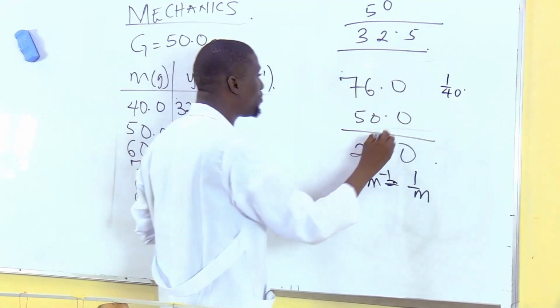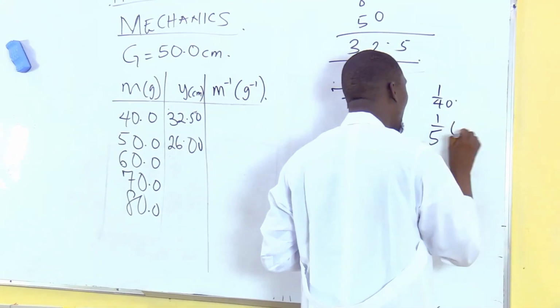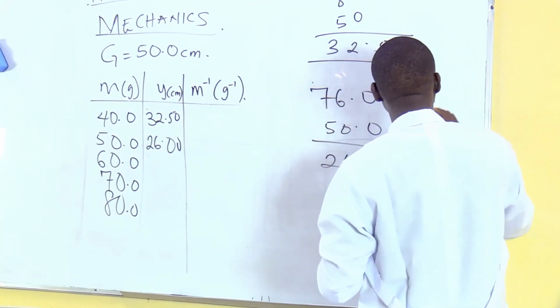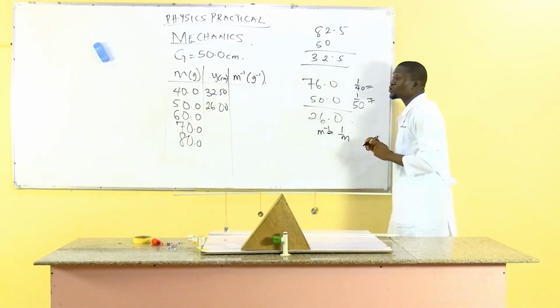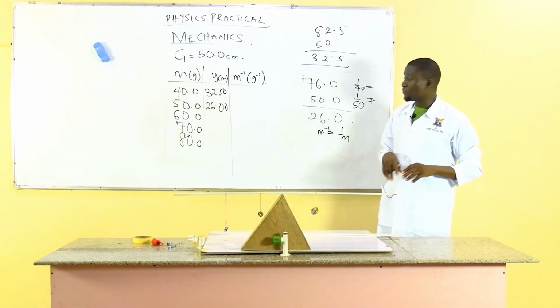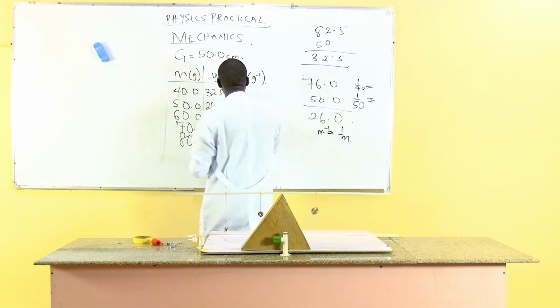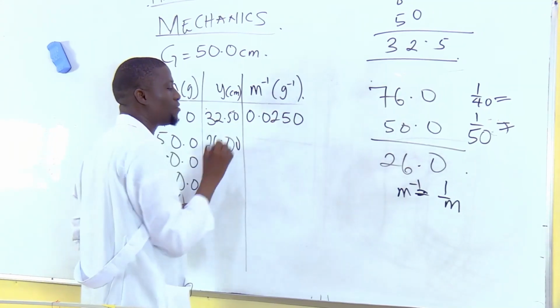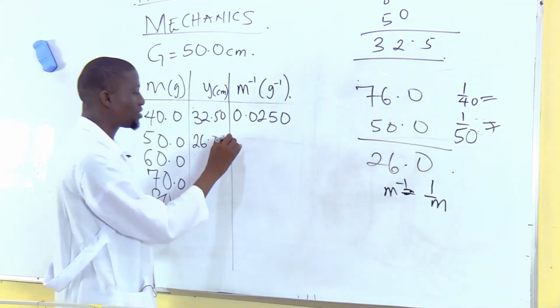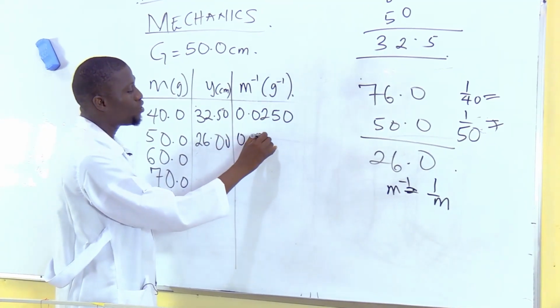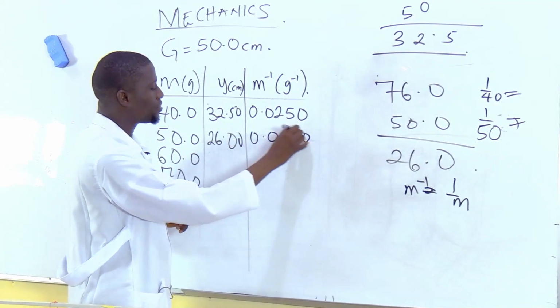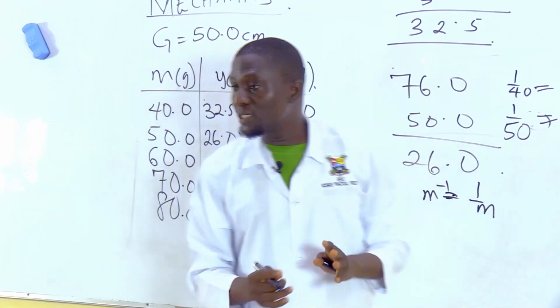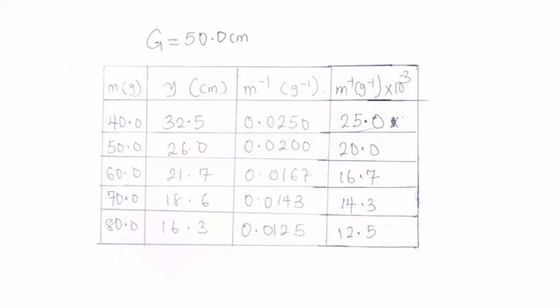The second value will be 1 over 50. What will 1 over 40 give us? What will 1 over 50 give us? The first value is 0.0250, while the second one is 0.0200. So you complete this as shown on the screen.